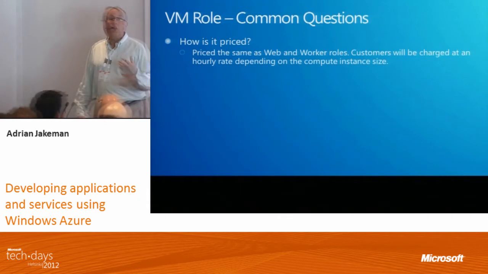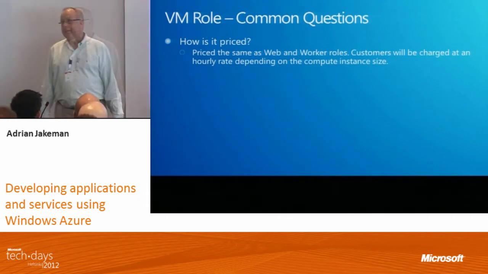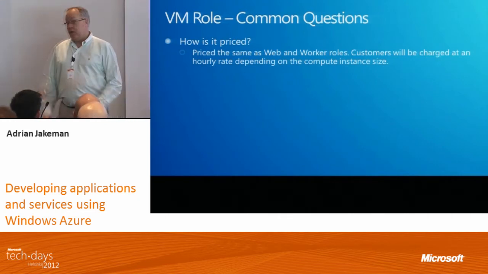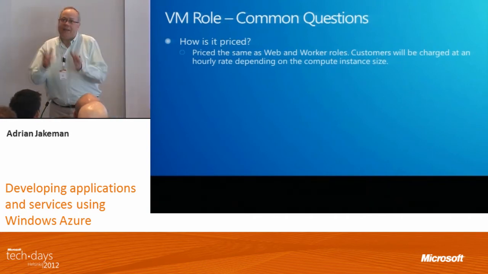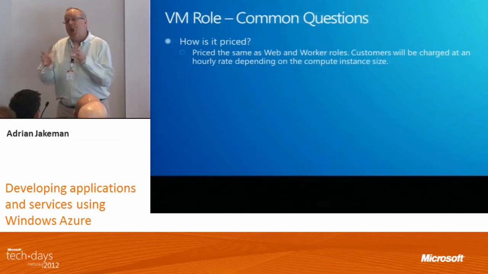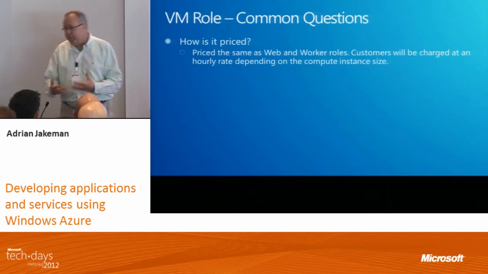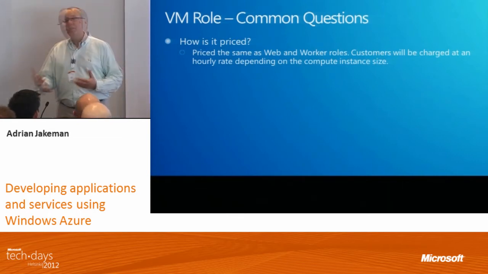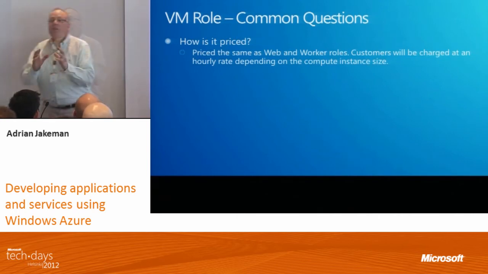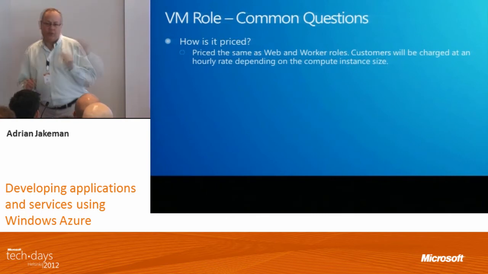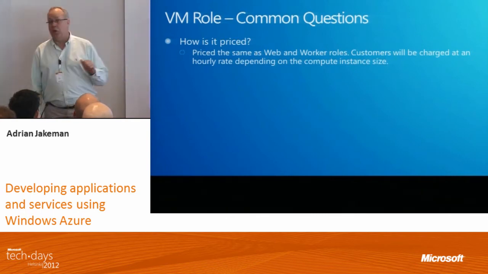Okay, how often does the recycling happen in the background? Very good question. There isn't really a definitive answer to that. If there were, it would be lovely. I can tell you that the guidelines are that a role will definitely recycle at least once every 40 days. So it might be that your role recycles half an hour after you deploy it.